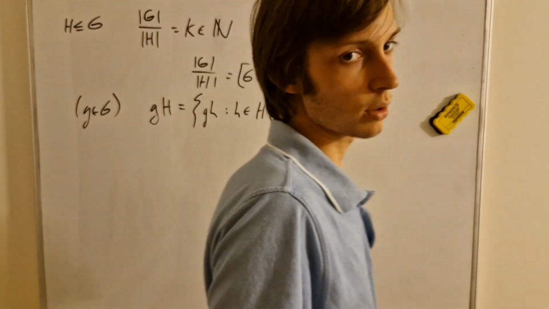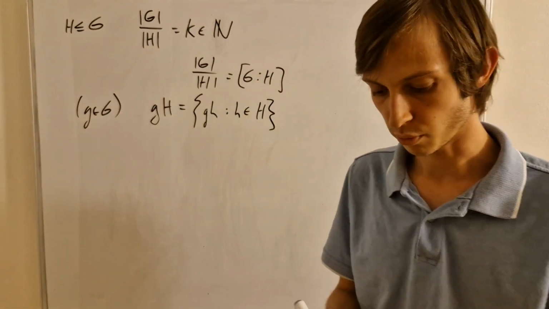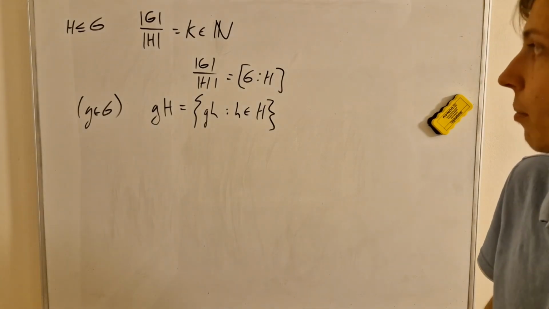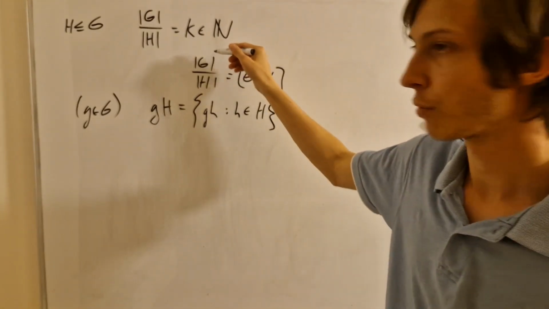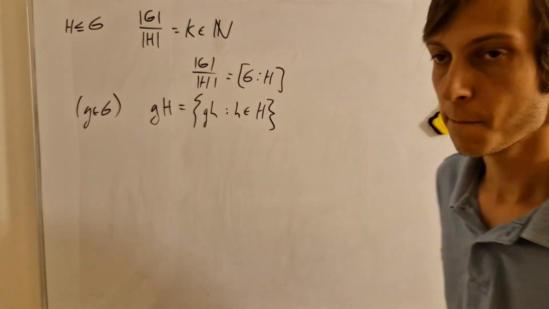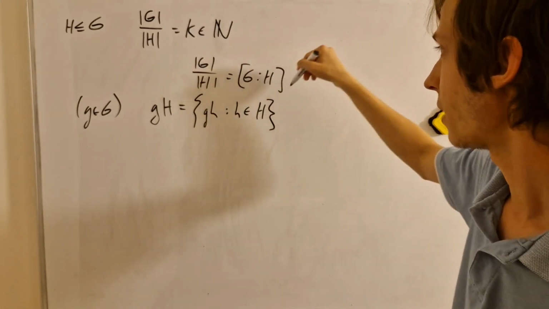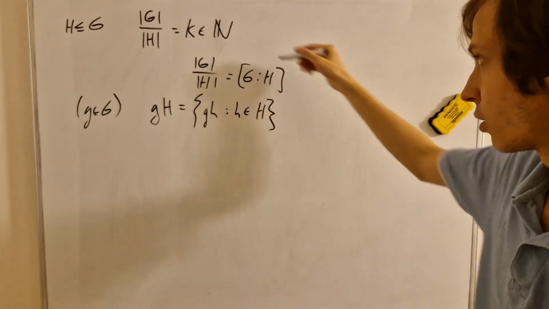And now let's talk about the proof. So how to do the proof? What we want to prove is that it is a whole number when we divide the order of a group by the order of its subgroup, and that it equals the amount of distinct cosets.